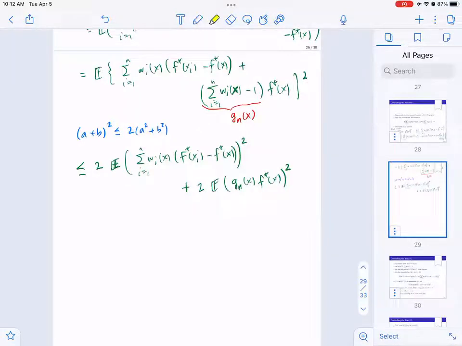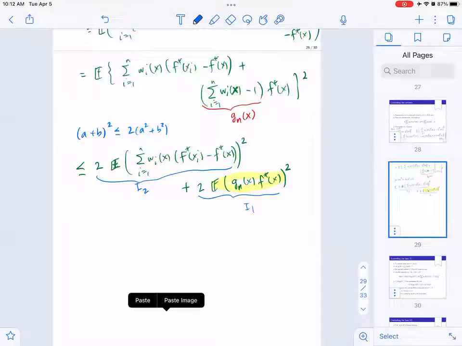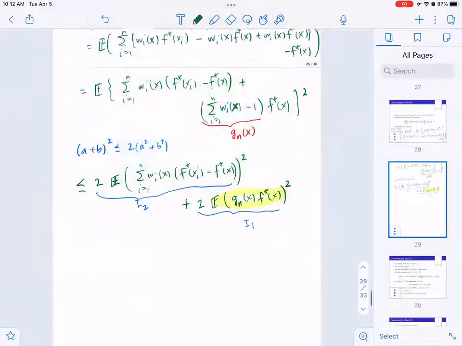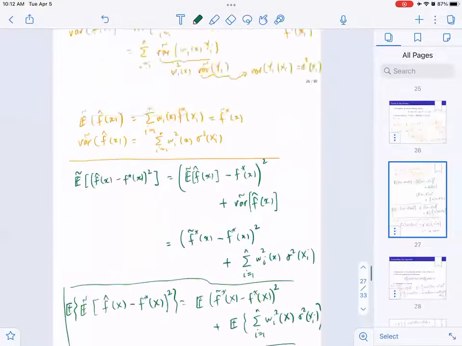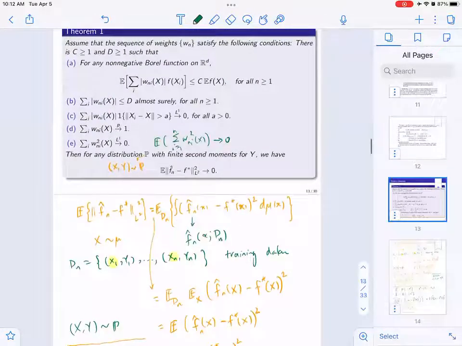So okay, let's first deal with this term. I think in the subsequent slides, I've called this term I1, and this is term I2. So I1 is easier to deal with. First note, from one of the conditions, and again you have to go back all the way here, that G_n is going to 0.